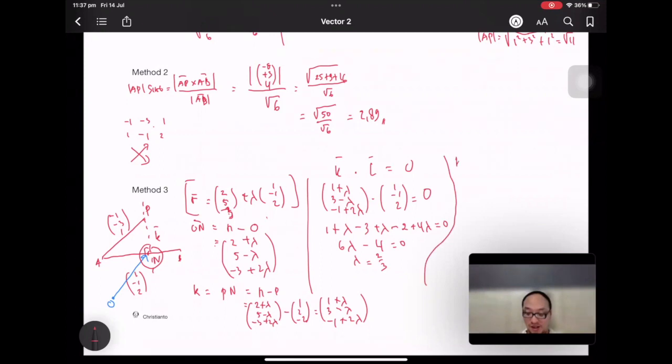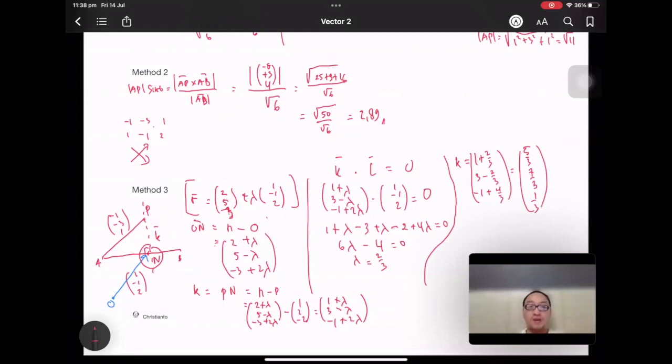That means the k here is equal to (1 plus lambda, 3 minus lambda, negative 1 plus 2 lambda), so (4 over 3, 5 over 3, 7 over 3, and then 1 over 3).